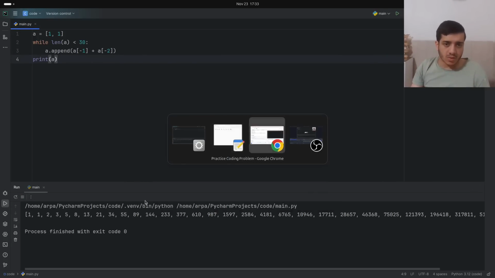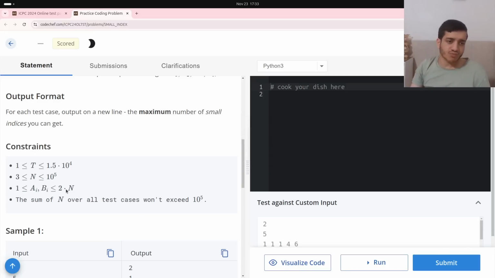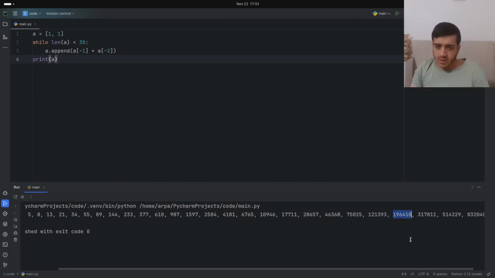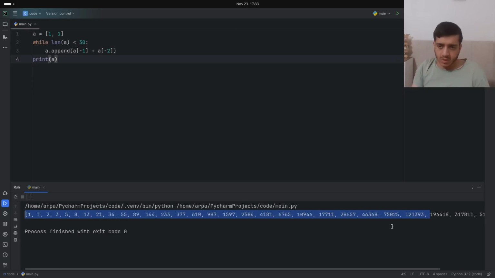A_i and B_i are at most 2 times 10 to the power of 5. And tell me, how many numbers are here? 1, 2, 3.